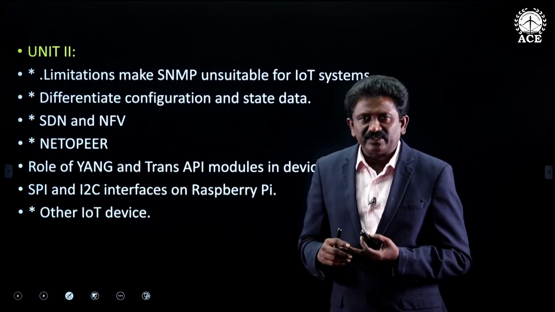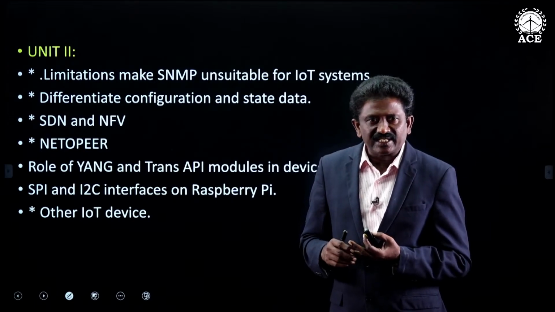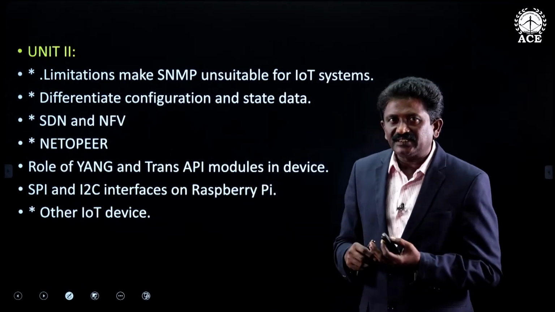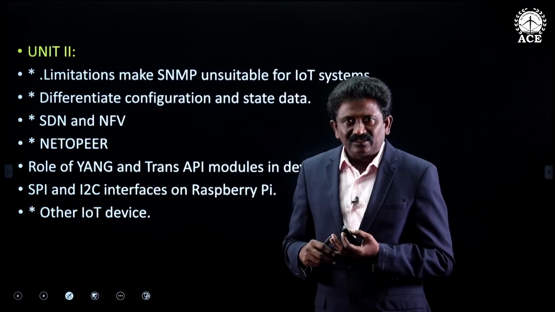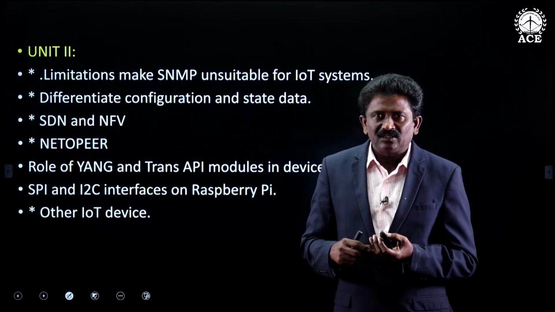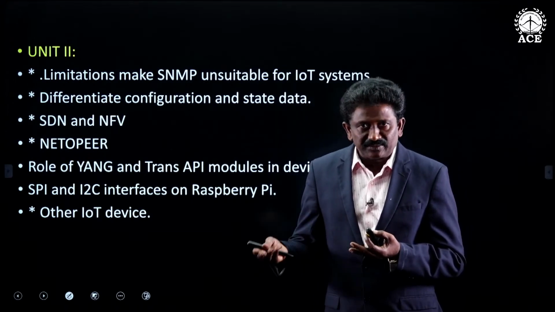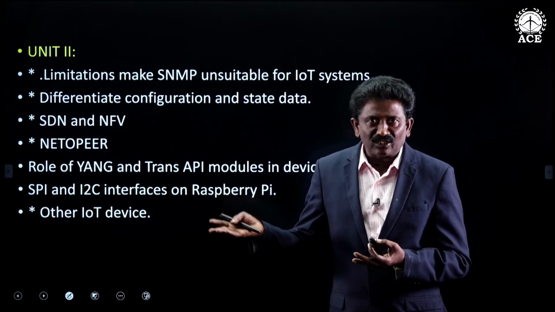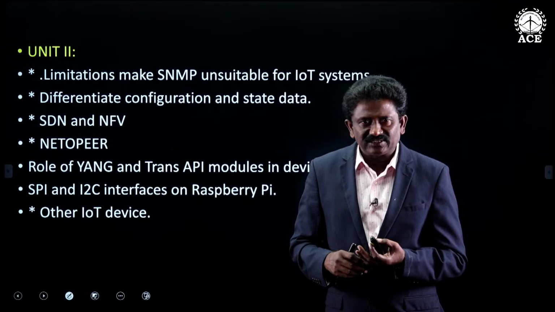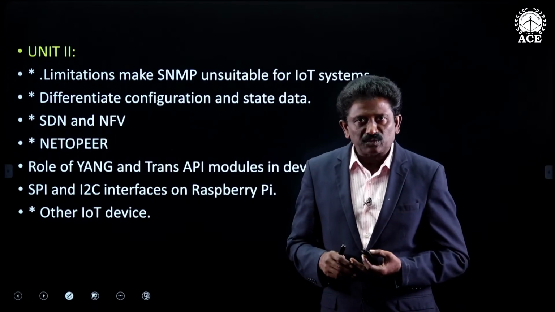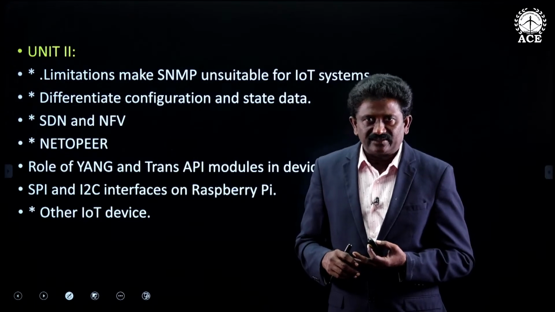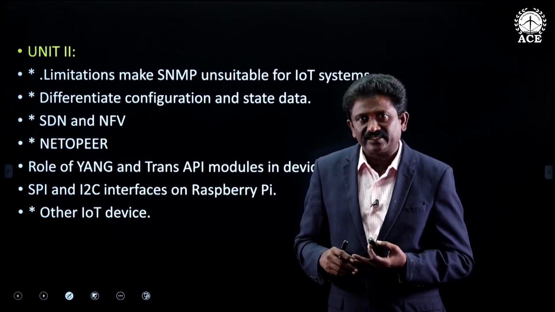What is the definition of IoT? What are the characteristics of IoT? What are the things involved in IoT? How many types of systems are there? How many types of transducers are there? What are the protocols involved in IoT devices? Already I said 4 types of protocols. First one, the link layer. Second, network layer.